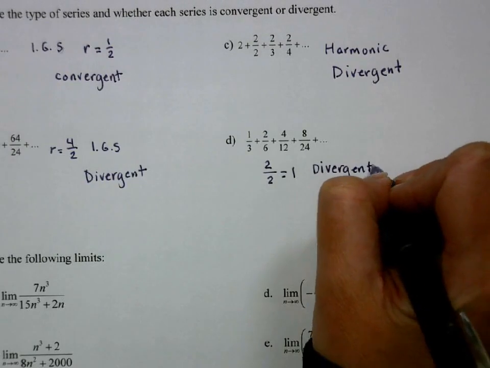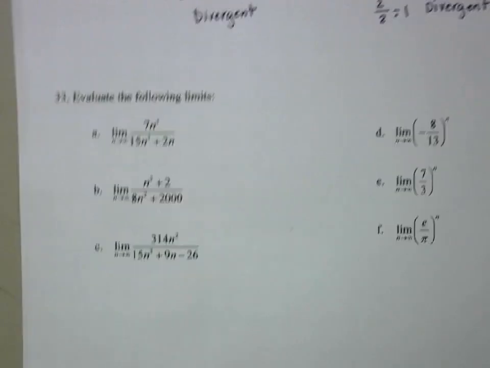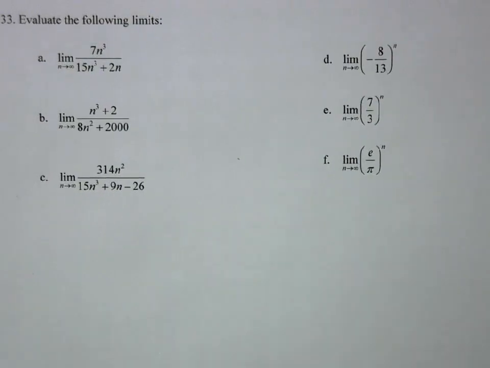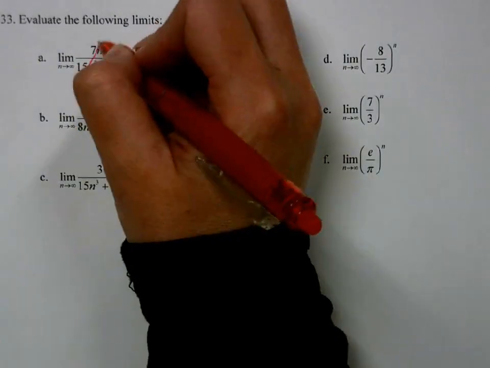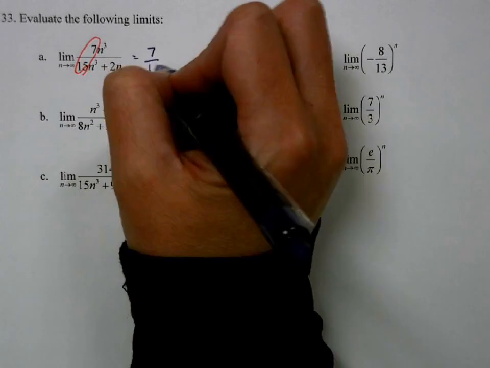Next we have limits. So for these polynomials, we're looking at the degree. So the degree is the same, so it's going to be the ratio of the leading coefficients. Here the degree is bigger on the top, so we would say this one does not exist. This one, the degree is bigger on the bottom, so it goes to 0.